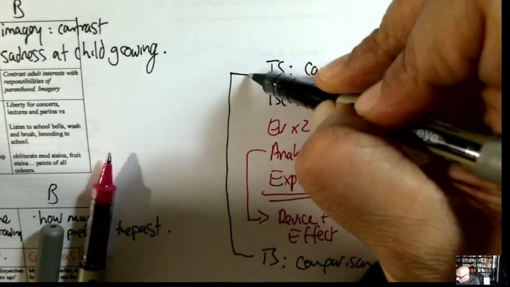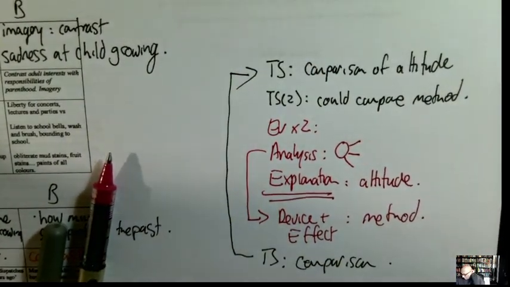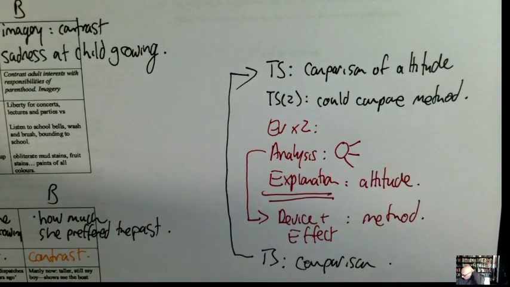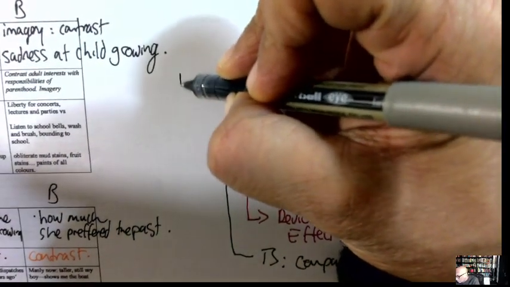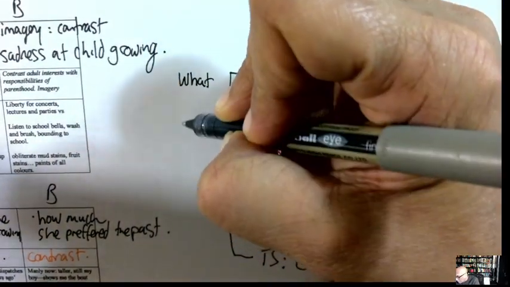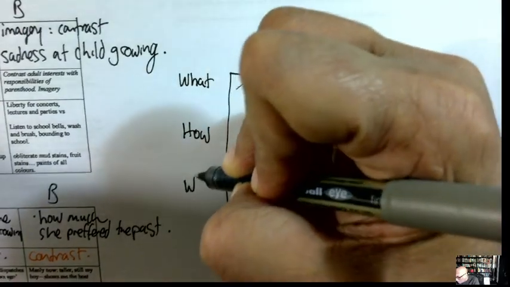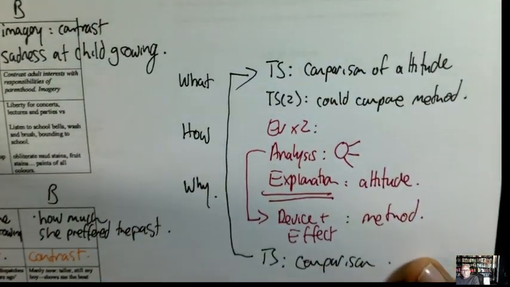This is really technical. If you haven't done this kind of writing before, you're going to find this really hard. But essentially, this is back to it's really simple. It could, if you like, what, how, why, that works.